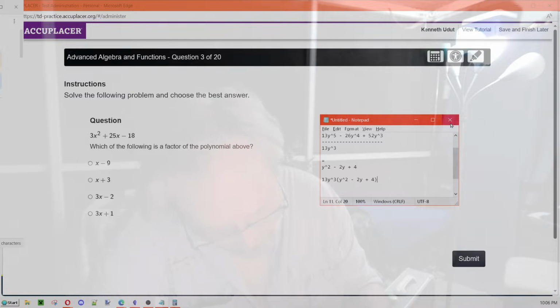So 27 and 2. What do I do with that information?